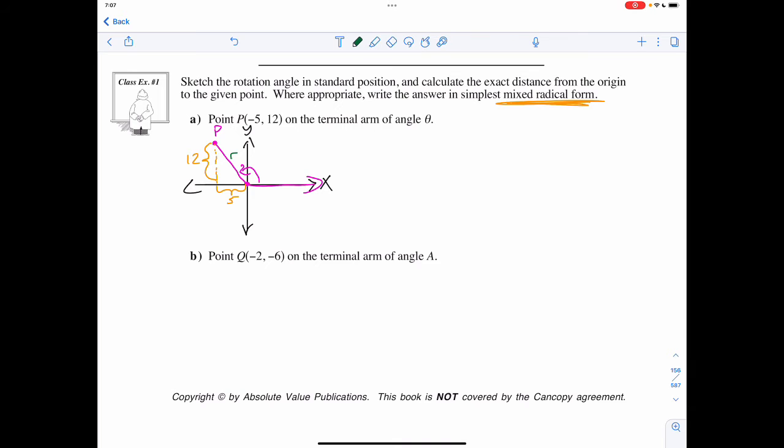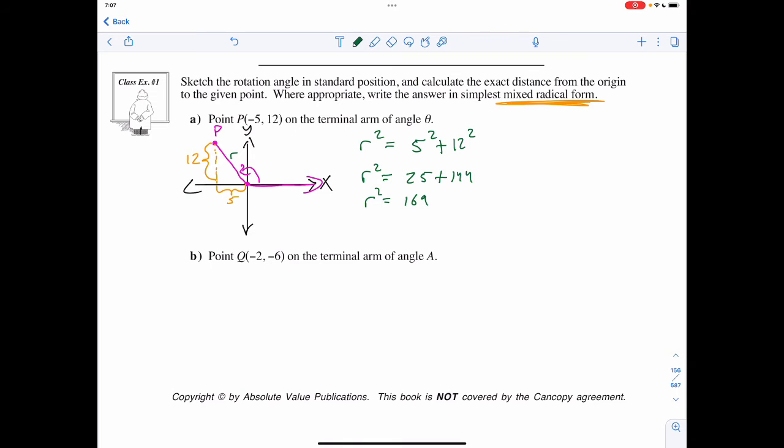So I can say that r squared is equal to 5 squared plus 12 squared, or my x squared plus my y squared. R squared is going to equal 25 plus 144, or 169.